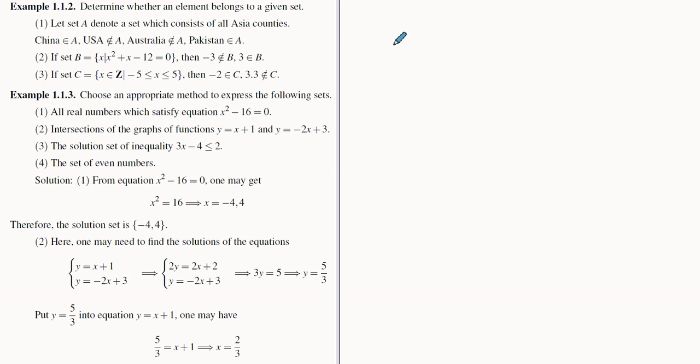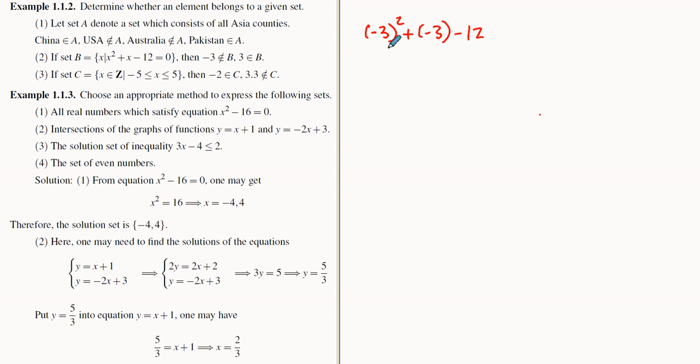Let me put the detail right here. You see, if you plug in -3, then squared, and then plus -3 minus 12, replacing x with -3.